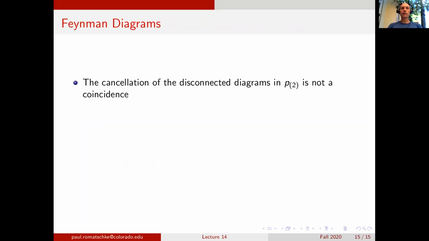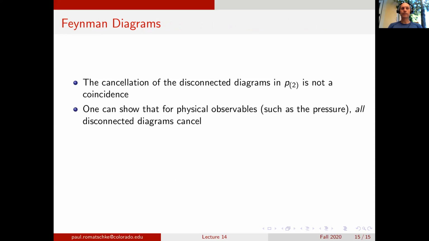It turns out that this cancellation of disconnected diagrams in the pressure to second order is not a coincidence. We can actually show that this happens generically for all physical observables, and the pressure is a physical observable, to all orders in perturbation theory. So you never have to deal with disconnected diagrams in these observables, so that the corresponding calculation gets considerably simpler.